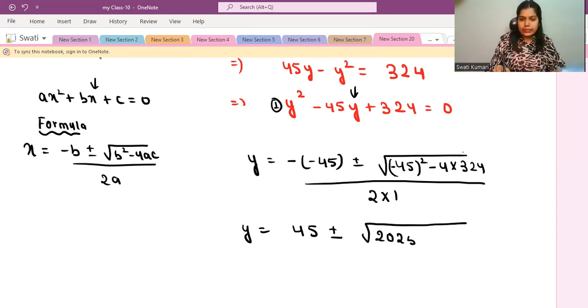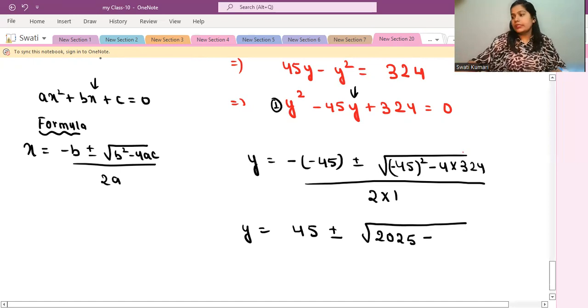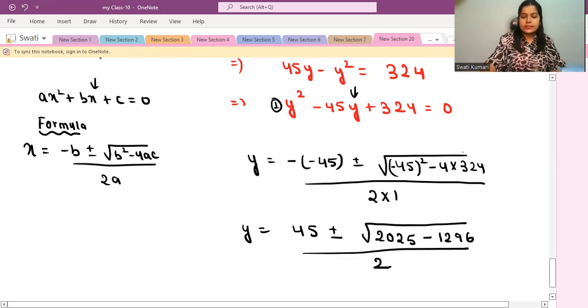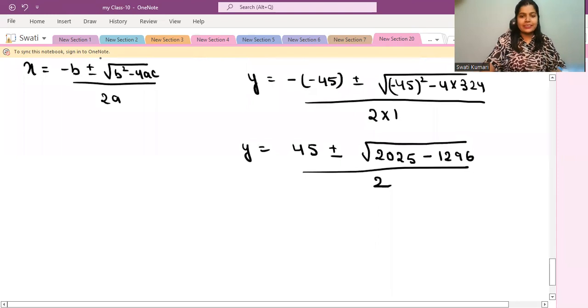Minus, we have to do 4 into 324. Let us quickly do that also. 4 into 324 is 1296, upon 2. Yes, now we are almost towards the end.